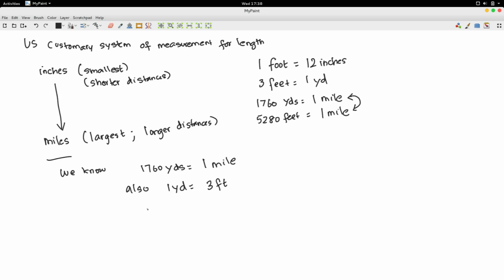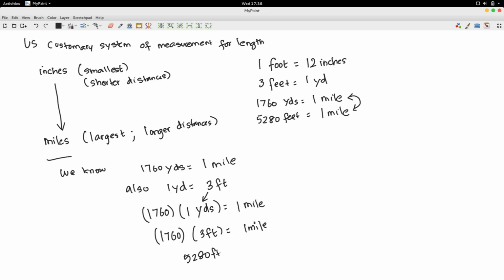So I can write 1760 times 1 yard equals 1 mile. Then I could replace the yards by the 3 feet. I'd have 1760 times 3 feet equal to 1 mile, which would give me 5,280 feet equals 1 mile.